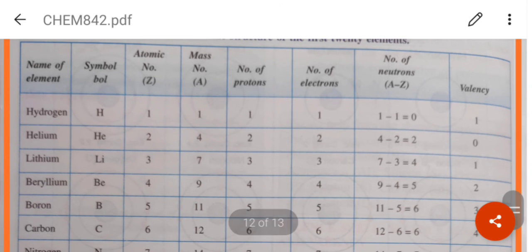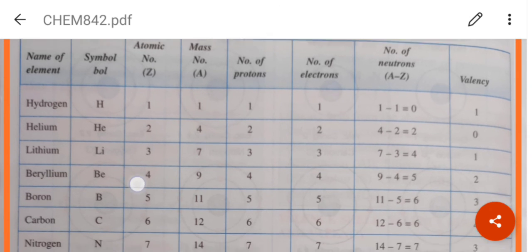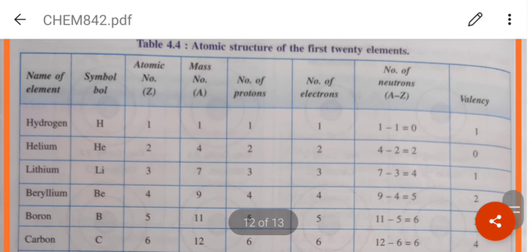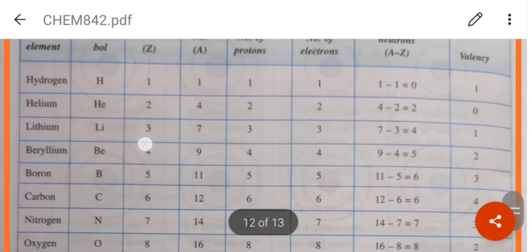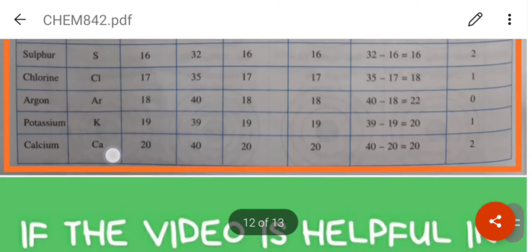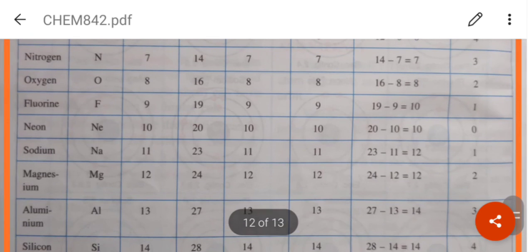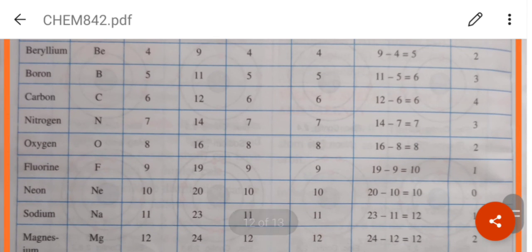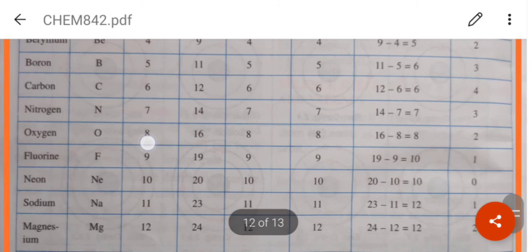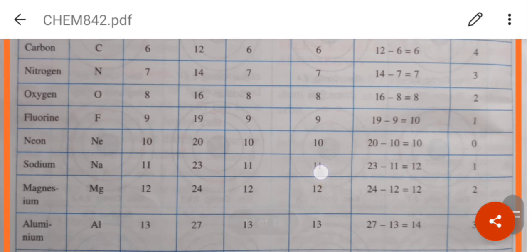And here in this table, the atomic number, mass number, number of protons, number of neutrons, number of electrons, and valency are shown. For example, if we take sodium from here: atomic number 11, mass number 23, number of protons is also 11, electrons 11.